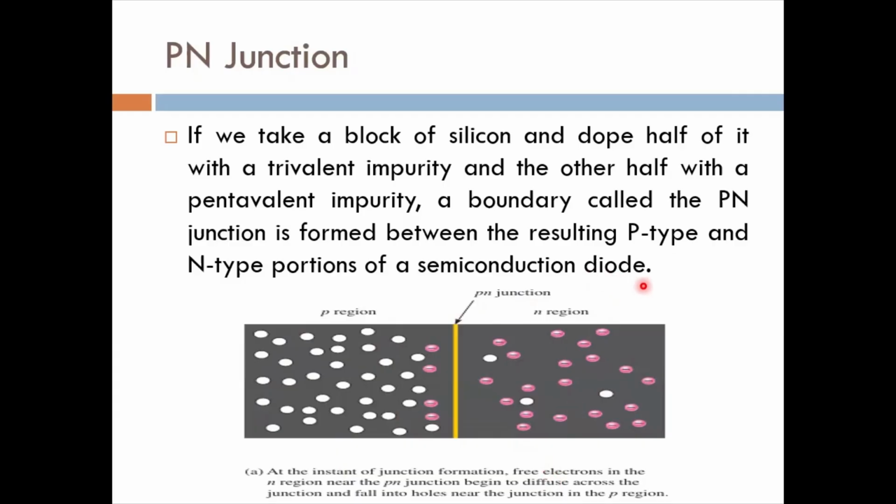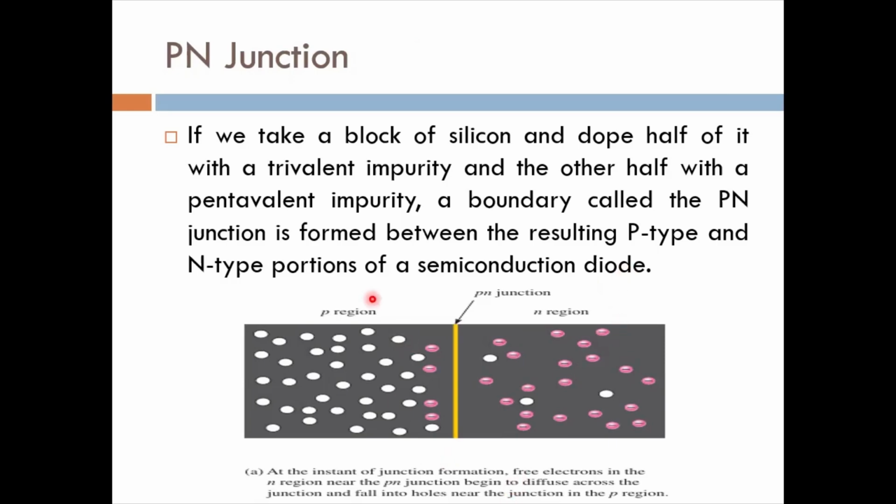The word diode comes from the combination: di means two, ode means electrode, or terminal. So there are two terminals or two electrodes, namely anode, positive, and cathode, negative.